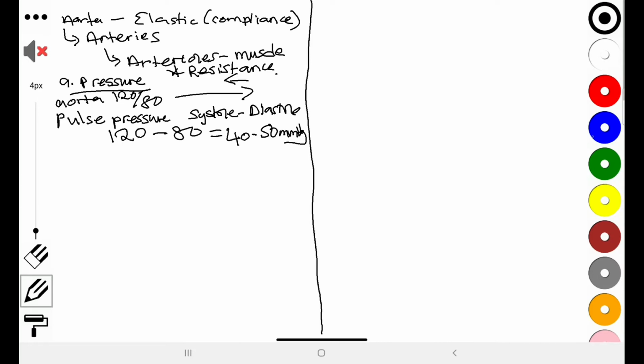The next pressure that I would like to talk about, so this is the pulse pressure, is a pressure known as, I beg your pardon, mean arterial pressure.